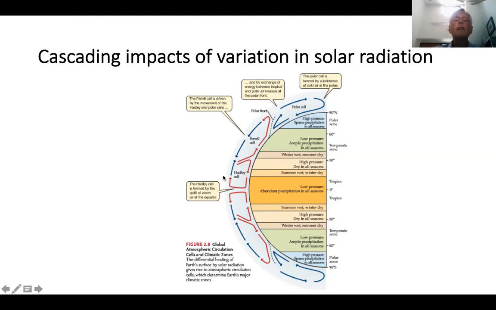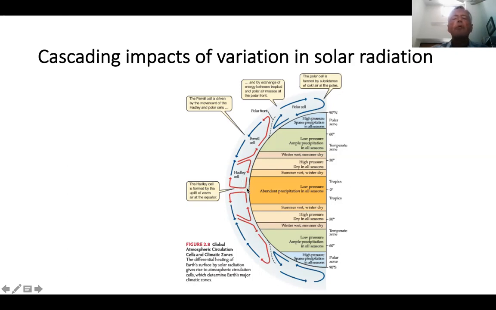So we have these three cells of atmospheric circulation rising up at the equator, sinking at about 30 degrees latitude, rising up again at about 45, 50 degrees latitude, and sinking again at 90 degrees at the pole. All right, so we have these three cells that rotate in that way, and it's all driven by solar radiation.